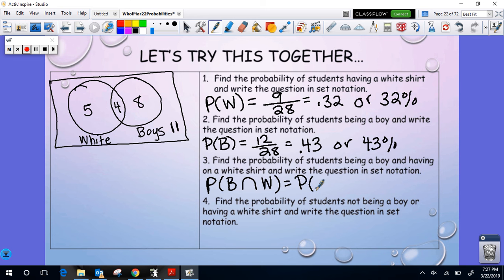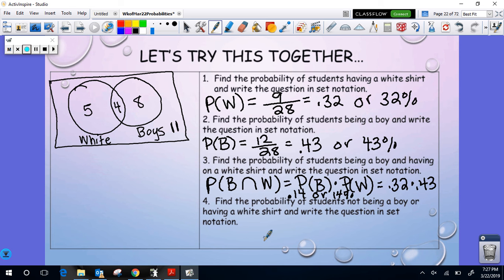This equals the probability of boy times probability of white shirt. And we already found those probabilities, so we're just going to say 0.32 times 0.43. And when we put that in the calculator, we're going to get 0.14, or 14%.